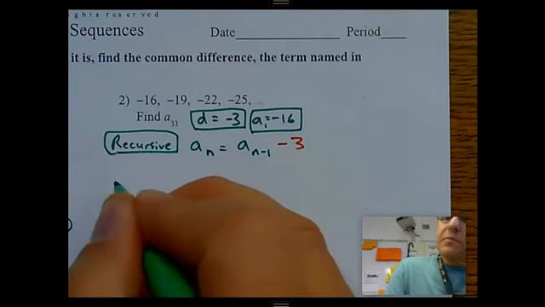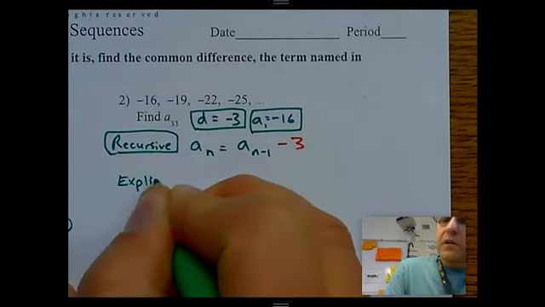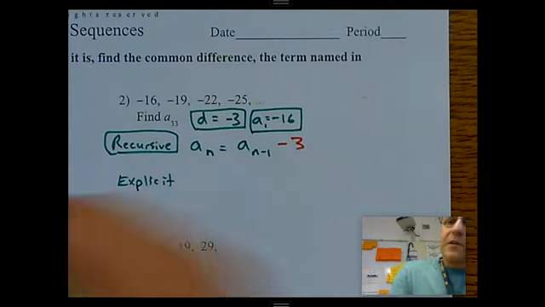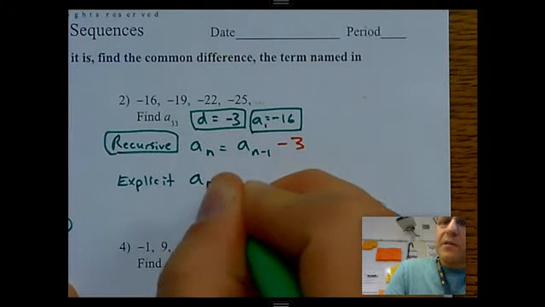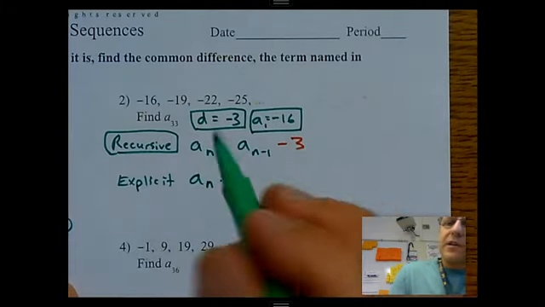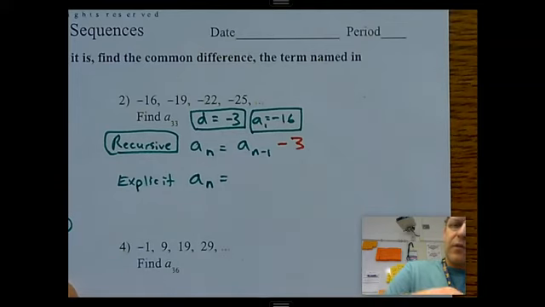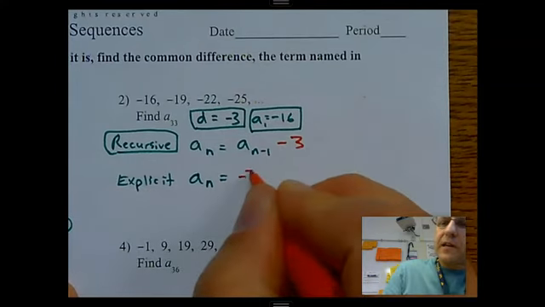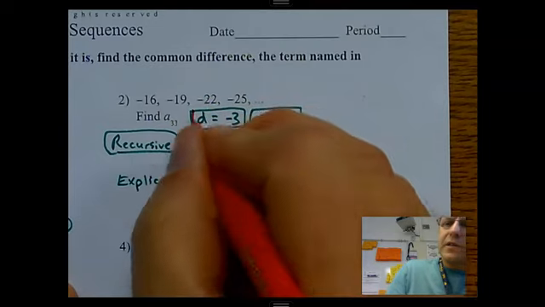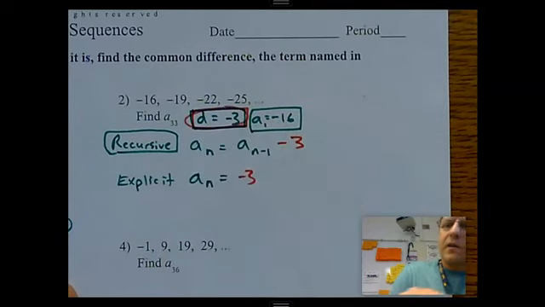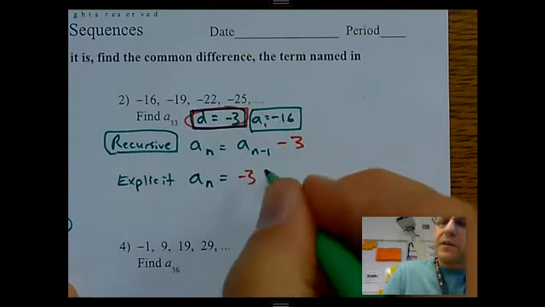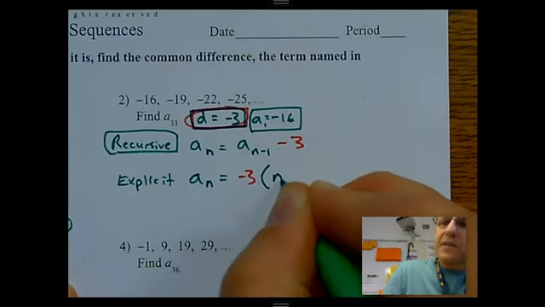Now, if you want the explicit formula, and I'll try to go in green, the parts that always stay the same. So a sub n is equal to, we need that common difference again, negative 3. That's the common difference right here. A sub n is equal to negative 3 times n minus 1.